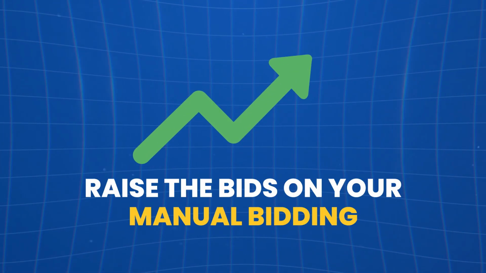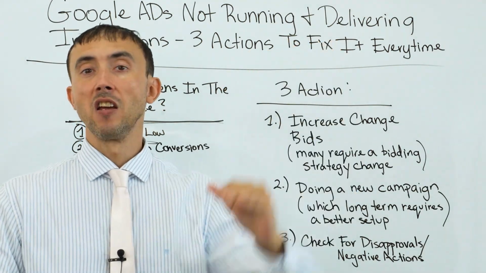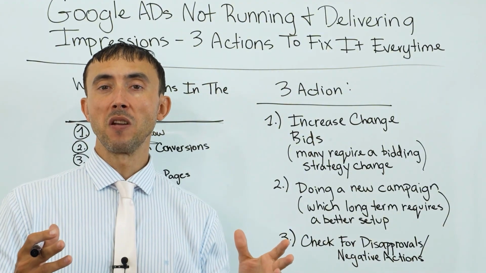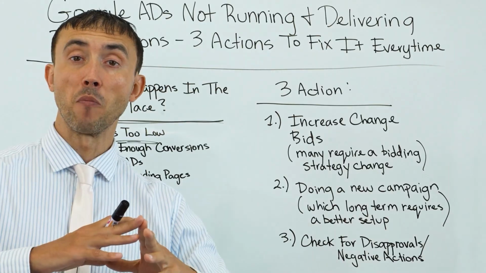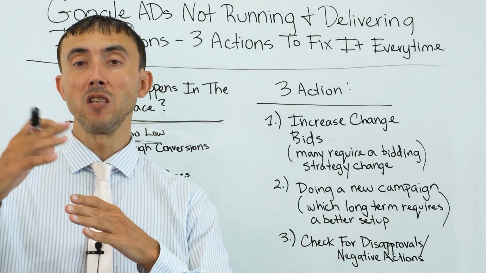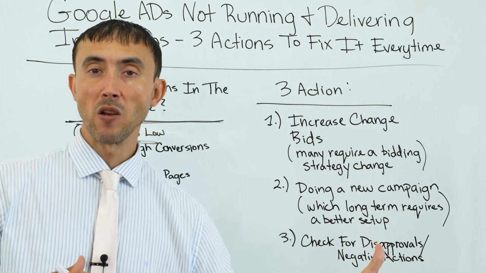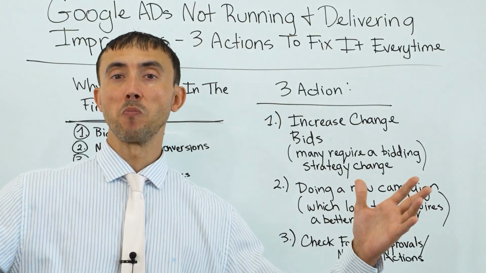And if that doesn't work, you keep raising the bids on your manual bids across the board, 50%. If that doesn't work, another 50% until you finally get impressions. More often than not, when somebody doesn't have impressions anymore, when they've already been advertising and it's not a brand new account, we have to go back, raise the CPA limit or lower the target ROAS, or we have to go back to manual bidding to fix the impressions, because the campaign can just break all of a sudden.